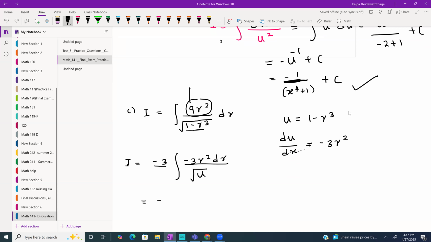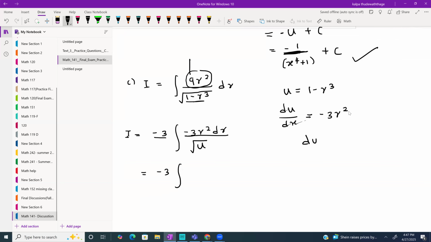So now I can replace my numerator because it's just du. See? Negative 3r to the power 2 dr. So it's just du.